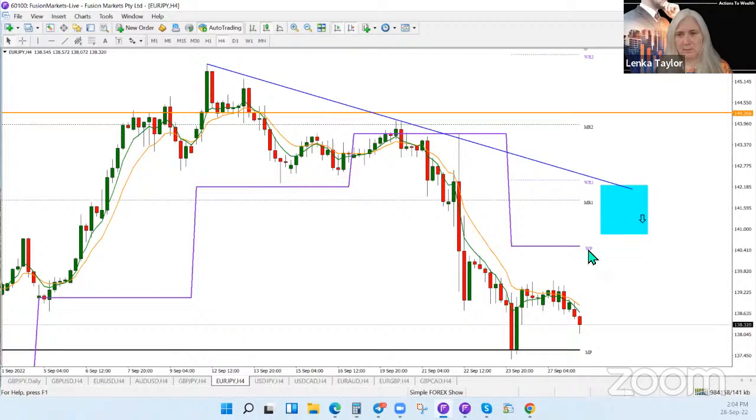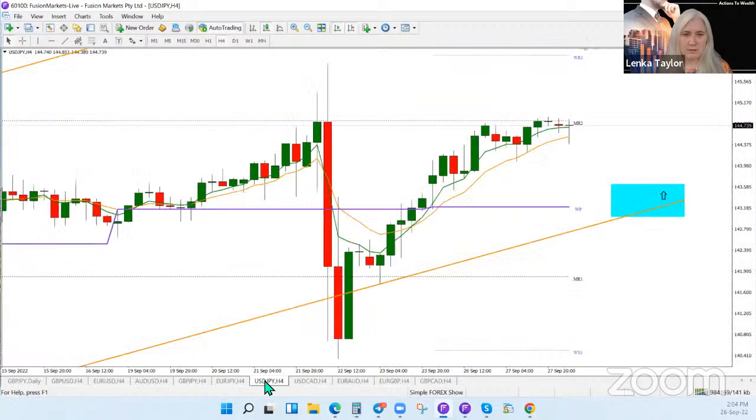If it maybe hits the weekly pivot, we have to see what the price action there would look like. Break, false break, come back, and then retest if it is around that area, but looking for short on this.